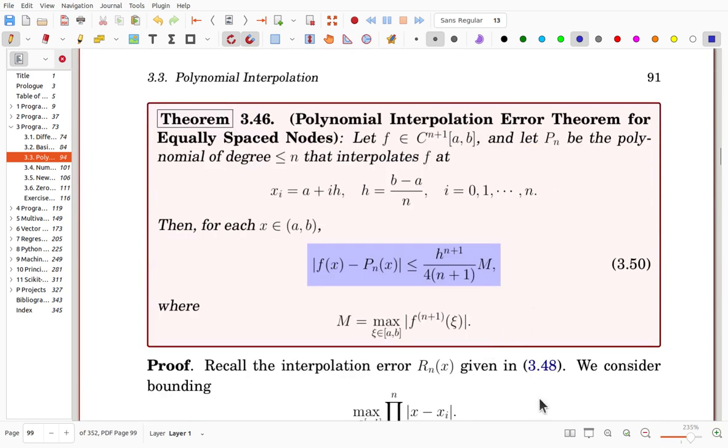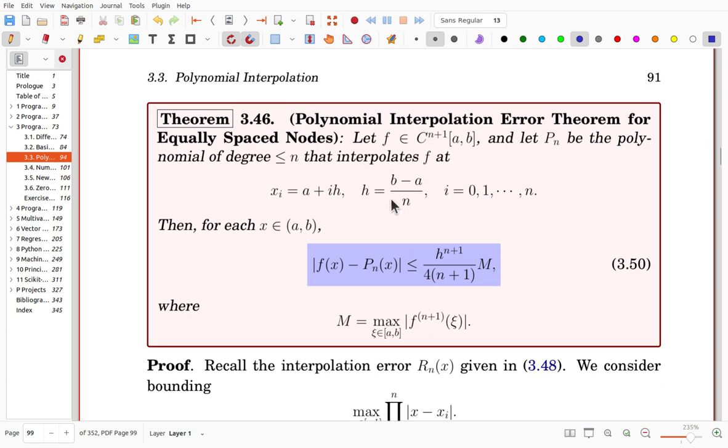Here we have another theorem for interpolation error: the polynomial interpolation error theorem for equally spaced nodes. Now we'll assume that the points are chosen from a to b equally spaced.